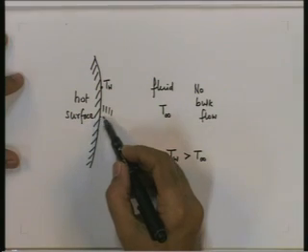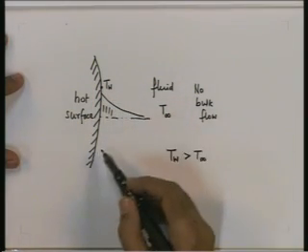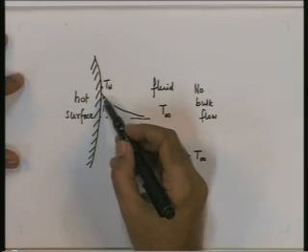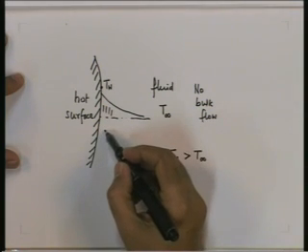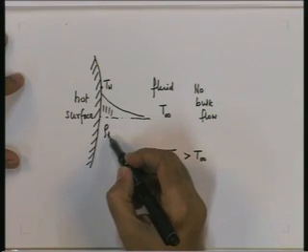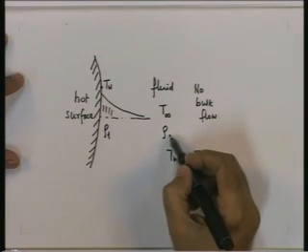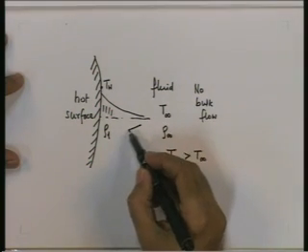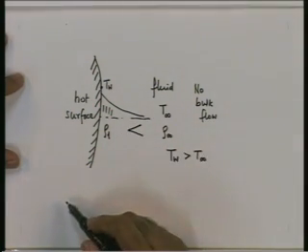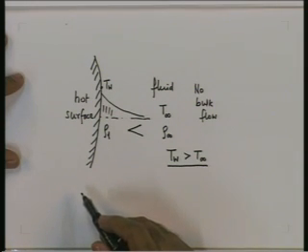So, some sort of a temperature gradient will be established. Now, the laminae near the wall are at a higher temperature. So, the density of these layers near the wall, let me call them rho 1, compared to the density in the free stream, we will have rho 1 less than rho infinity, because we have assumed the wall temperature to be higher than the free stream temperature.